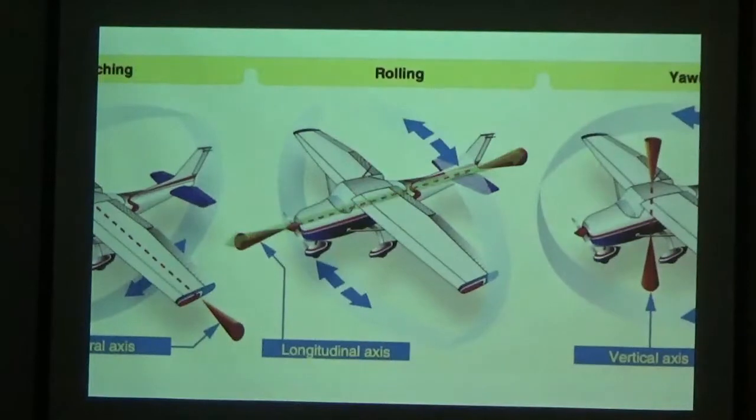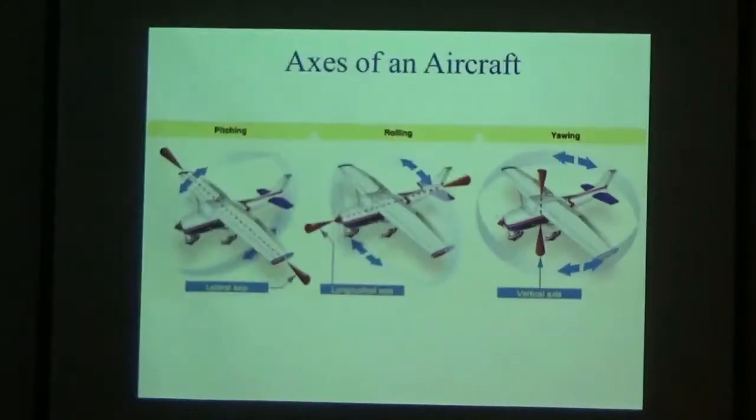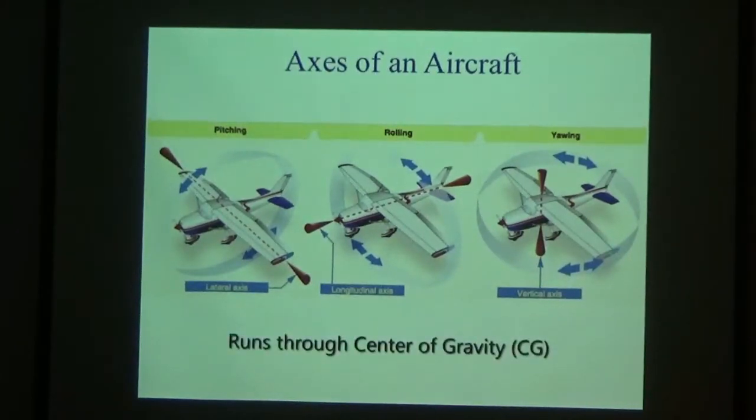The roll, or longitudinal axis of an aircraft, is the point where the airplane will roll to the left or right. And the yaw, or vertical axis, is the axis that the plane will yaw on, or move its nose left and right. It is also important to note that each of these lines runs through the airplane's center of gravity.